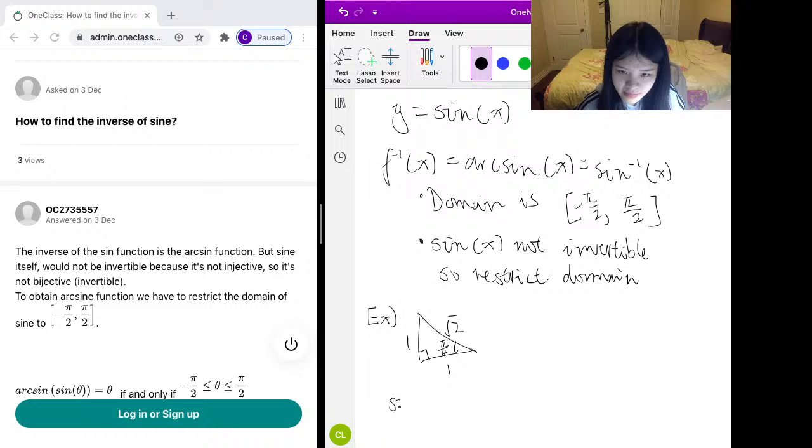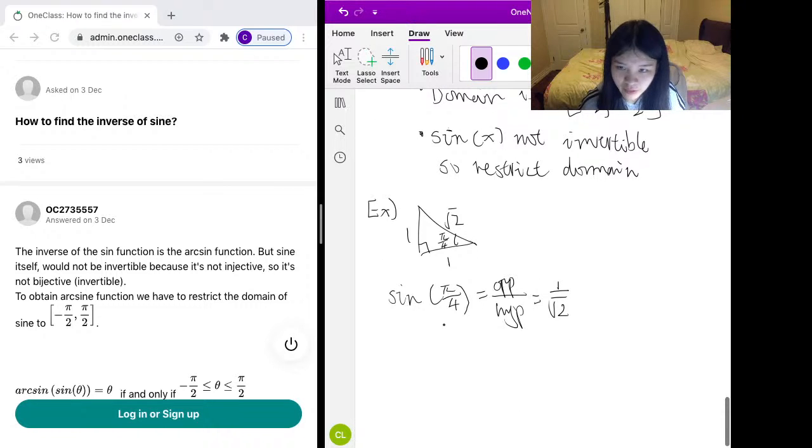We know that sine of pi over 4 is opposite over hypotenuse, which is 1 over root 2. This is the side opposite the angle pi over 4, and this is the hypotenuse of the triangle. So we know the sine of pi over 4 is 1 over root 2.